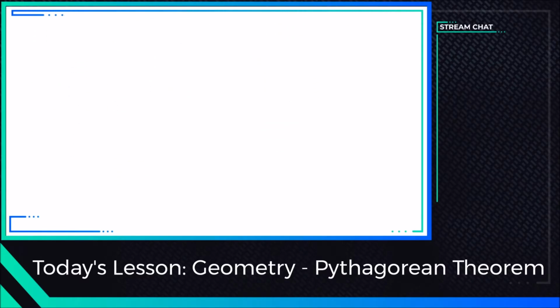So now that we've done 3 examples with the Pythagorean theorem, I want to take a look at a new theorem, which is kind of new, but not really. It's going to be Theorem 9.2. And it's going to be the converse of the Pythagorean theorem.